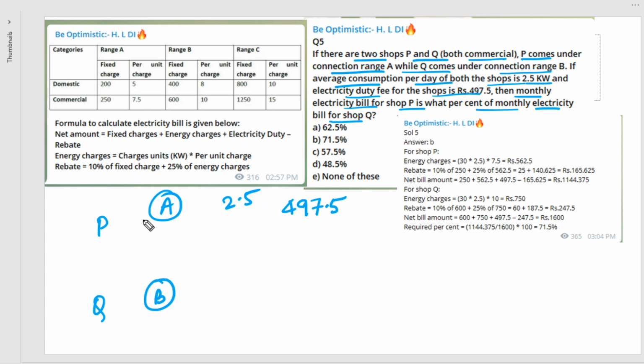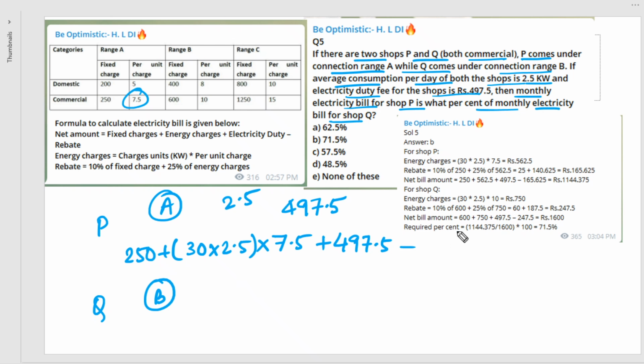So for P, this will be range A and it is commercial, so the fixed charge is 250 plus 30 into daily consumption 2.5, and per unit is 7.5, plus the electricity duty, that is 497.5, minus your rebate.